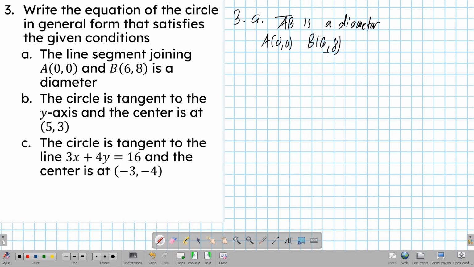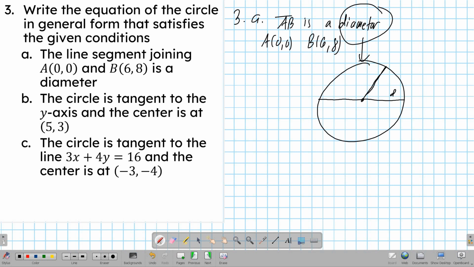So, what is a diameter? Among the parts of a circle, a diameter is a line segment that passes through the center whose endpoints are on the circle. So, this is a diameter. This is also a diameter.